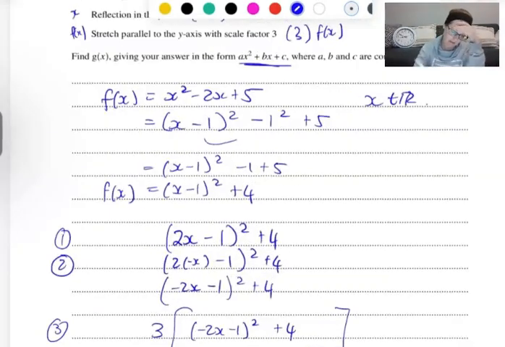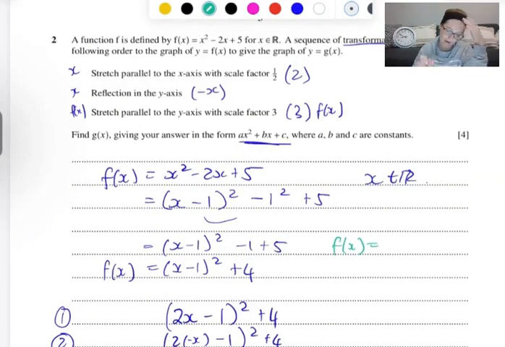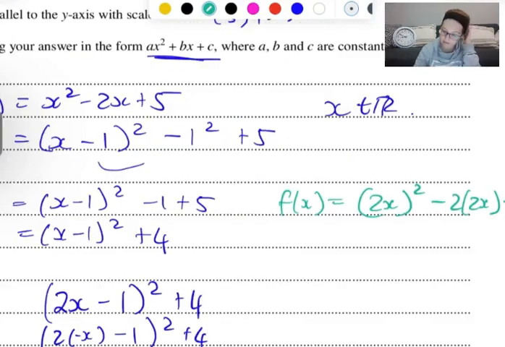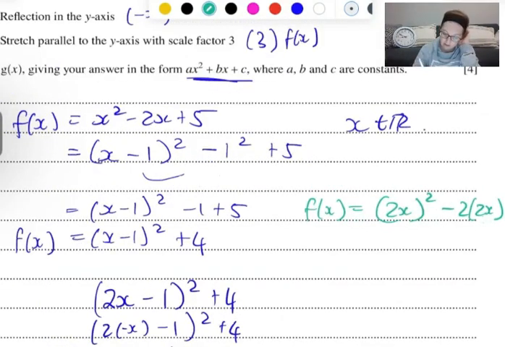Let me just see for interest, if I did it when it wasn't in that format. So I can make all my x's now 2x's. So it becomes 2x squared minus 2, that becomes a 2x plus 5, okay? So this is 4x squared minus 4x plus 5.